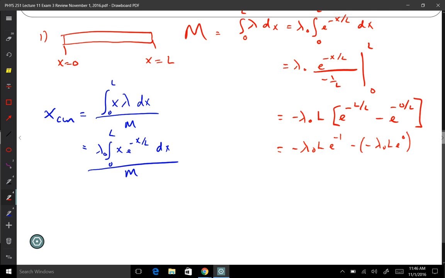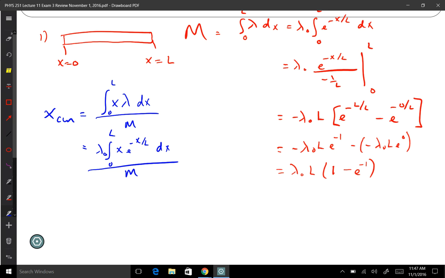So e to the 0 is 1. And so I just took this minus and minus and put that term first. Factor back out the lambda L's. And I have 1 minus e to the minus 1. Okay, it's better to understand than to say, oh, maybe it's some voodoo I don't know. After all, you've seen I make mistakes.